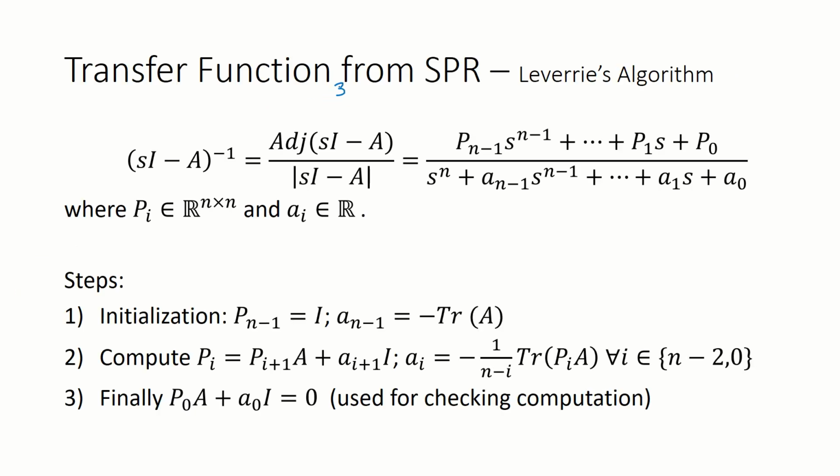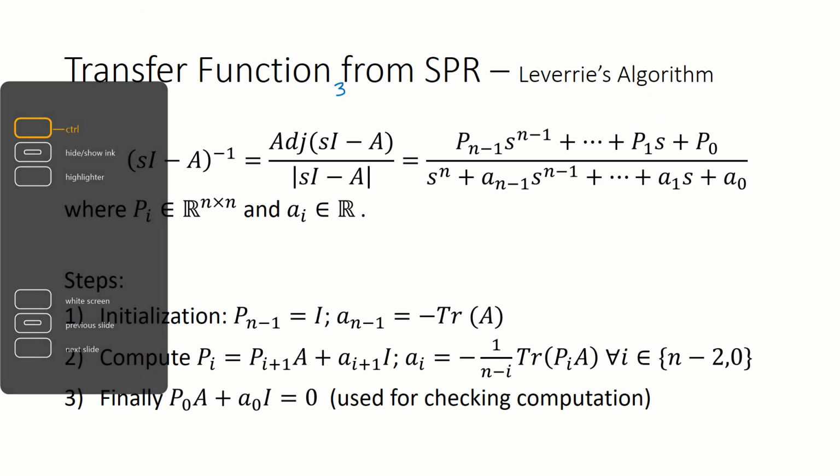So yeah, we have all these things. So let me start writing from here. (sI minus A) inverse equals P2 s square plus P1 s plus P0 by s cube plus.